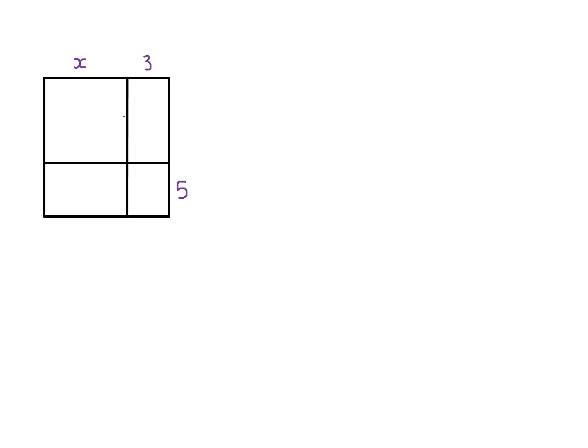And you can see from that that's a square, so this length is going to be the same. Now, if I was going to work out the area of that entire shape, we know that the area of a square or a rectangle is length times width. So I know the length of that entire side there is going to be x plus 3.